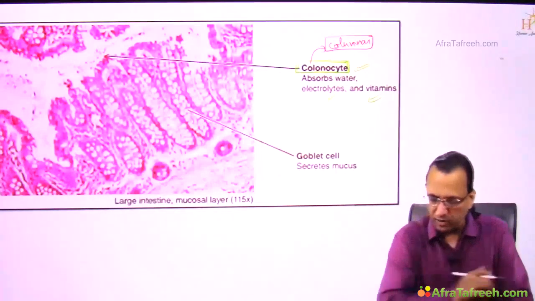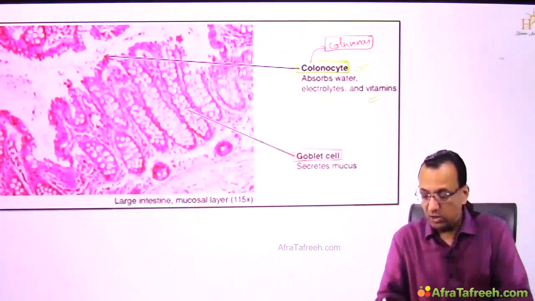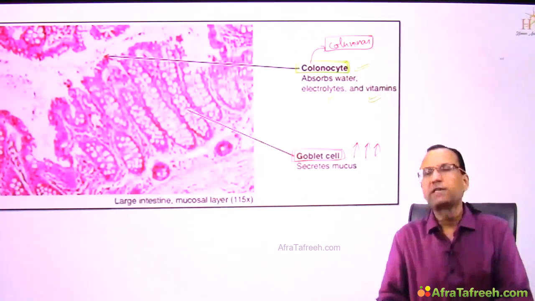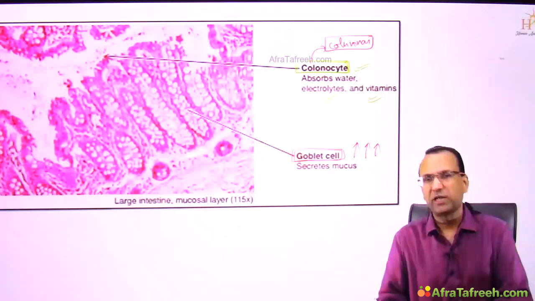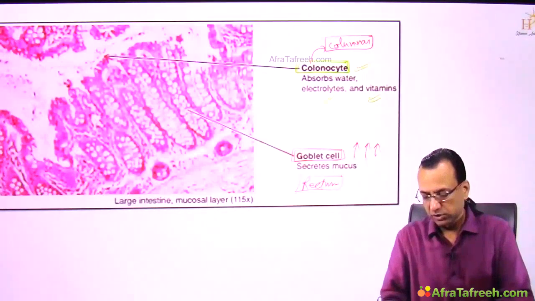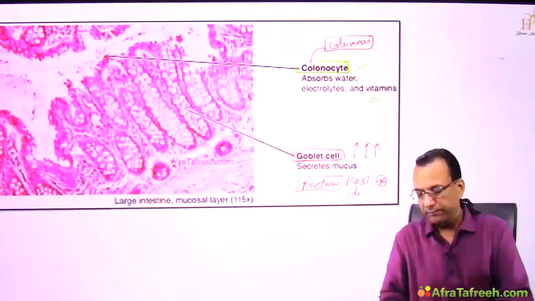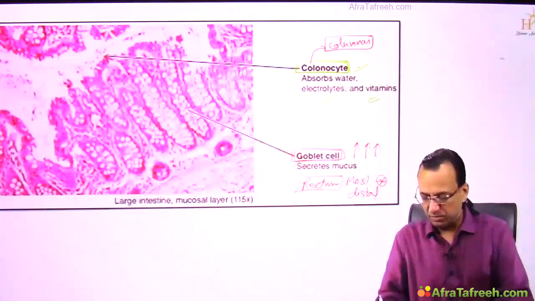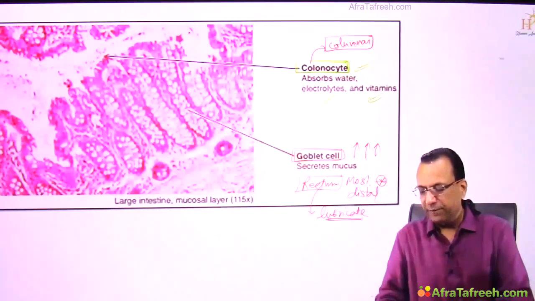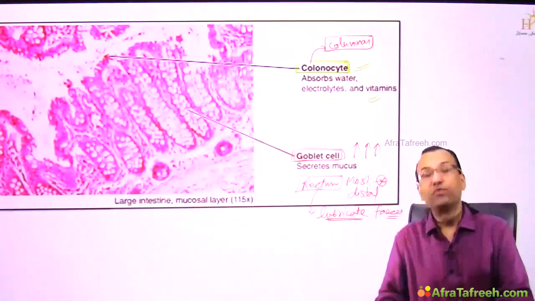But then there are also goblet cells, and remember the number of goblet cells is increasing towards the large intestine. Small intestine has fewer, large intestine has more, rectum has the most, meaning most distal and more number of goblet cells to lubricate the fecal matter, for easy passage of the fecal matter.